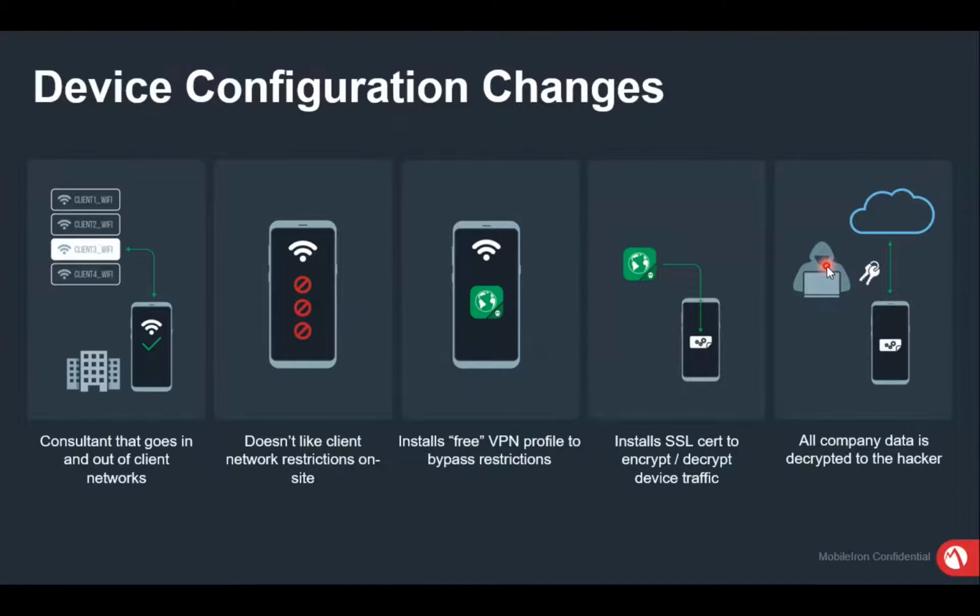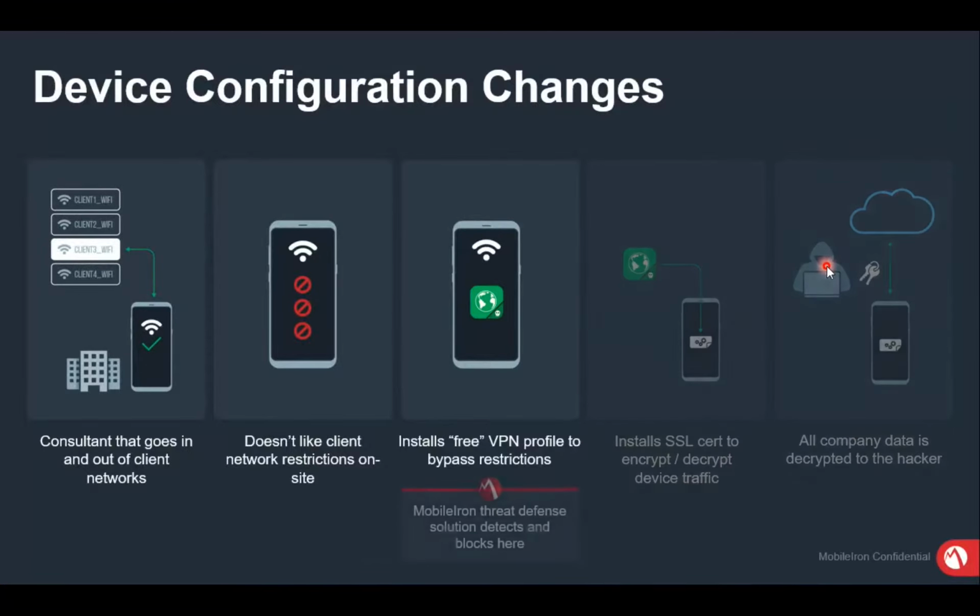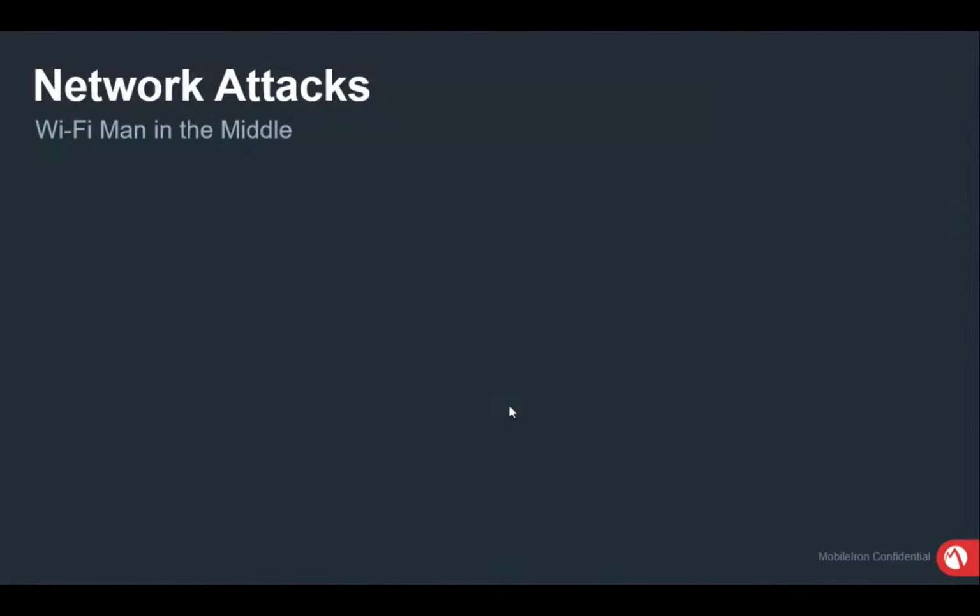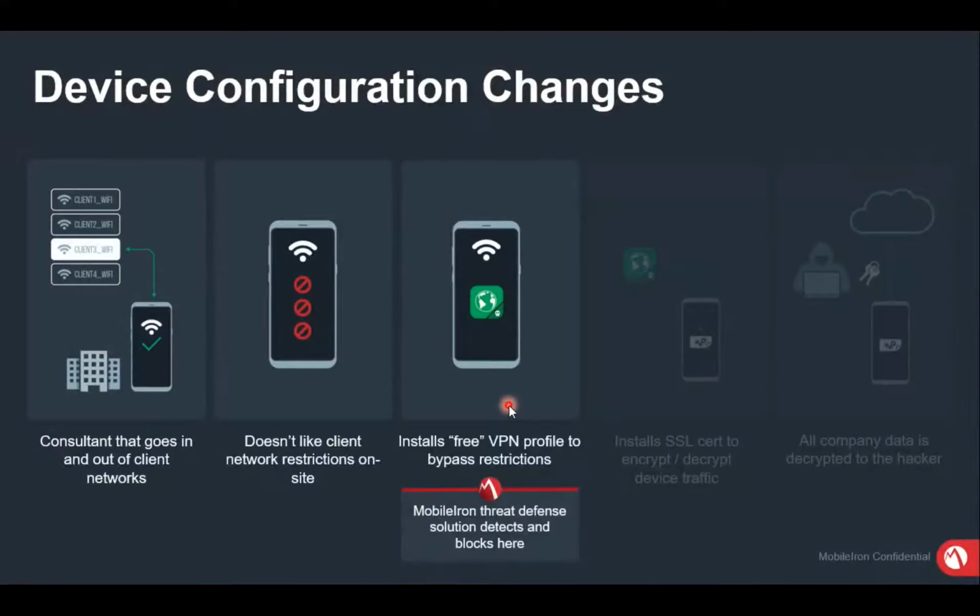So if you have mobile threat defense on the device, the moment you install this profile, it will check whether the profile is trying to grab any data it's not supposed to, or intentionally or unintentionally making any changes to the mobile file system, and it will take action immediately. It won't allow you to connect to the target Wi-Fi, and it will protect your mobile.